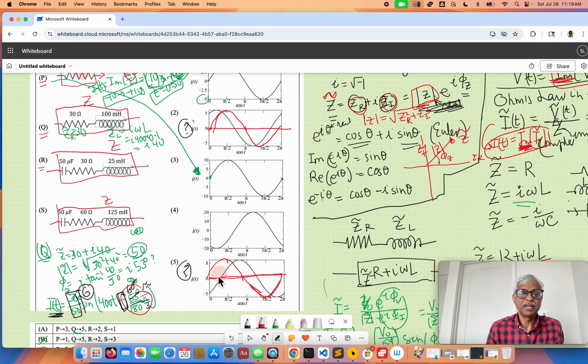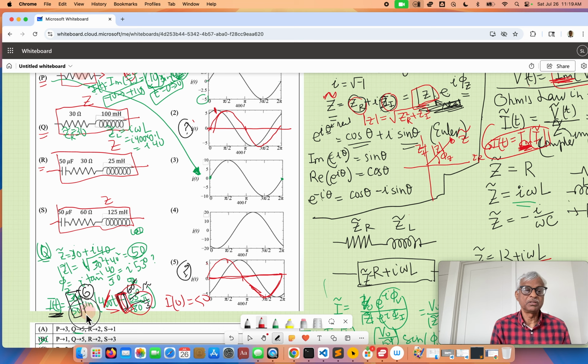If you look at the same points here, the peak of this, just t equal to 0. Let's put t equal to 0 just to compare. At t equal to 0, voltage is 0, but I0 is going to be less than 0 because of this negative sign.